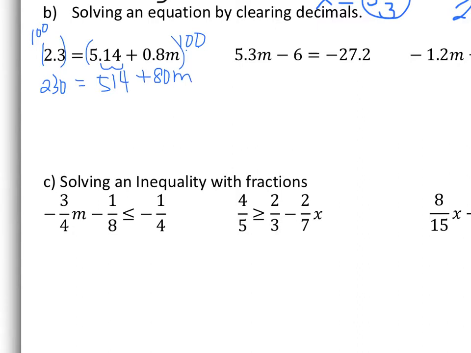And then we need to subtract 514 from both sides of the equation. Okay, and then we can get negative 284. And then we divide both sides by 80.